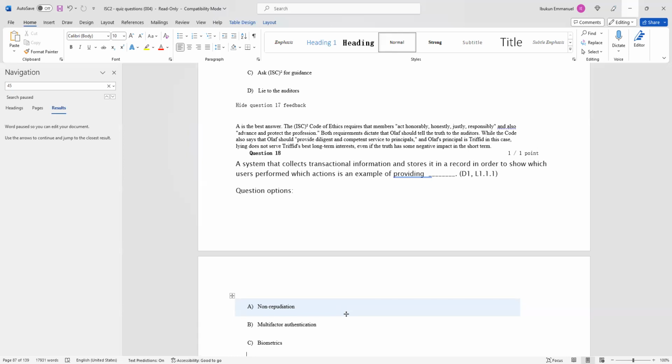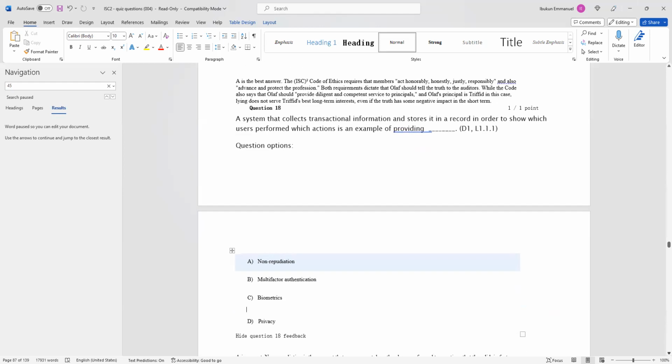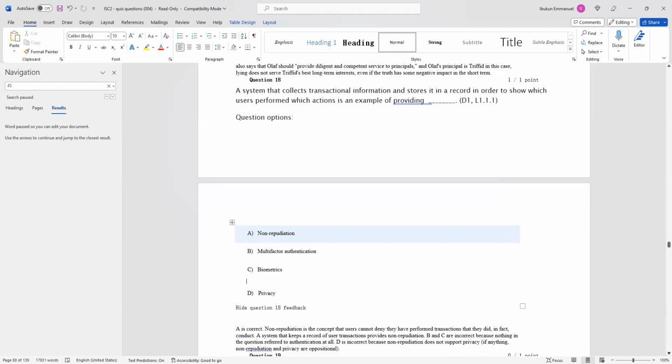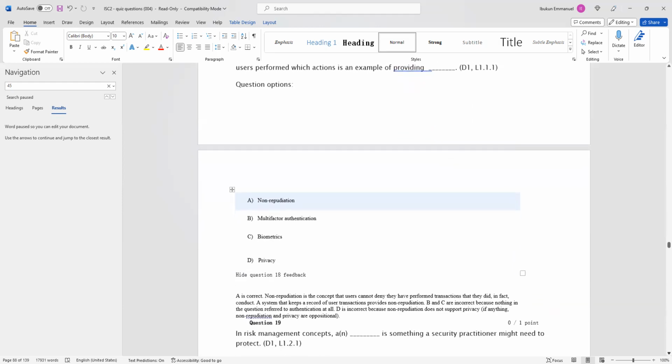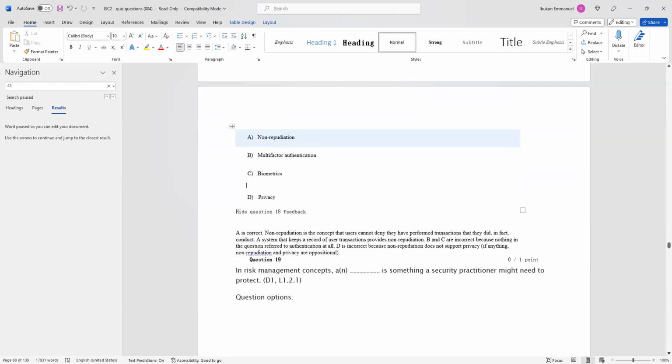A system that collects transactional information and stores it in a record in order to show which users performed which actions is an example of providing what? Is it non-repudiation, multi-factor authentication, biometrics, or privacy? That's definitely non-repudiation, which is the concept that users cannot deny they have performed transactions that they did, in fact, conduct.